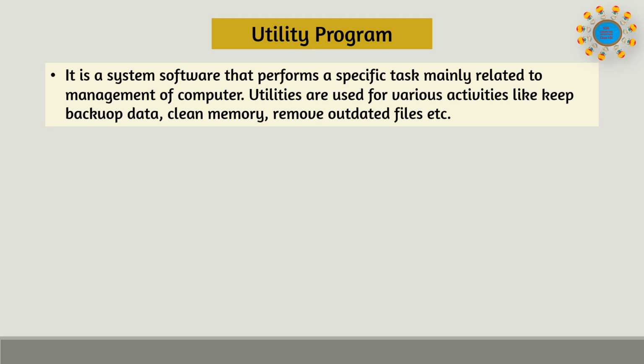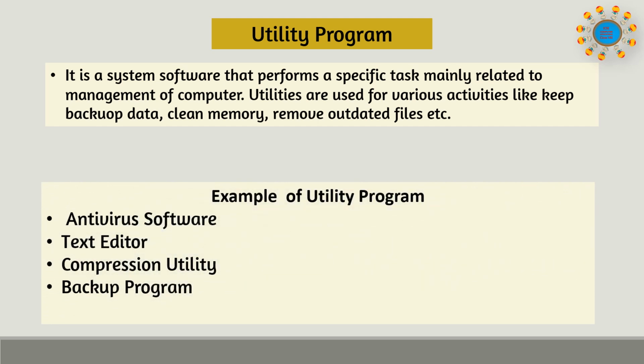All these functions are done with the help of the utility program or utility software. For this, some examples we can see: antivirus software, it will protect; text editor for editing; compression utility, we can compress a big file into a small one by the compressing software; and backup program. So all these are examples of utility.